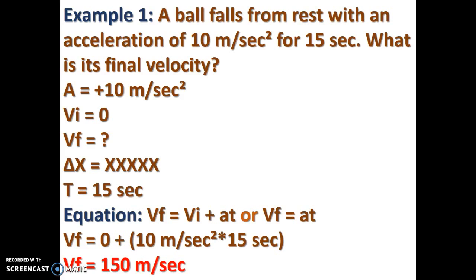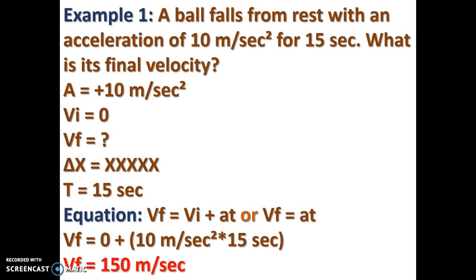Now, the displacement is not mentioned, it's not needed, it's not involved at all. And so we put X's in there just to know that's what's not needed. So in this problem, we needed an equation that has acceleration, initial velocity, final velocity, and time, but doesn't have displacement in it. And so that equation is Vf equals Vi plus At.